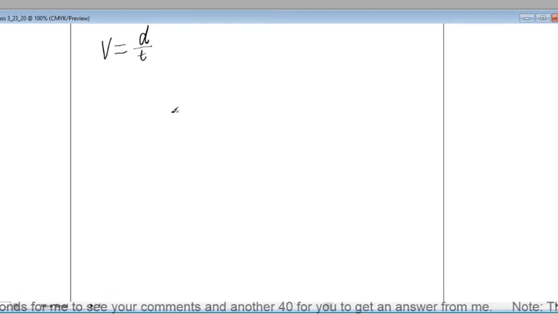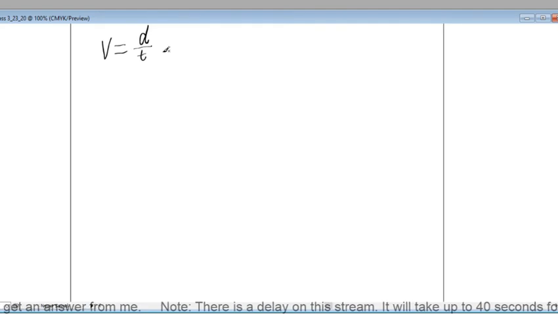So if I wanted to know what distance equals, I'd want to get distance by itself. So I need to do the opposite. Right now I'm dividing it by time, so the opposite of that is to multiply it by time.